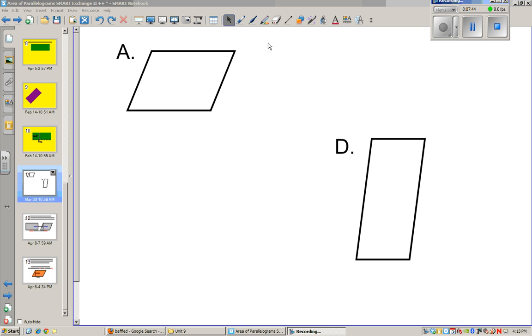Okay, so I'm going to draw in a height line on this one, letter A. It's right here. So this is our height line, and I'm going to say that it's 6 meters. And here, right here, is our baseline.